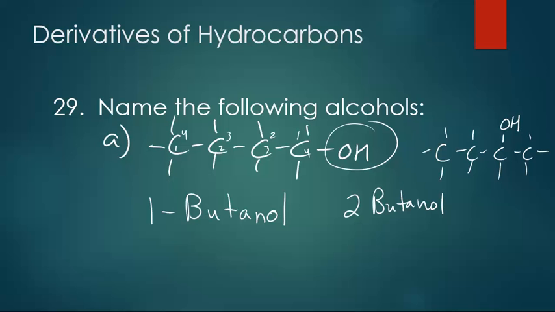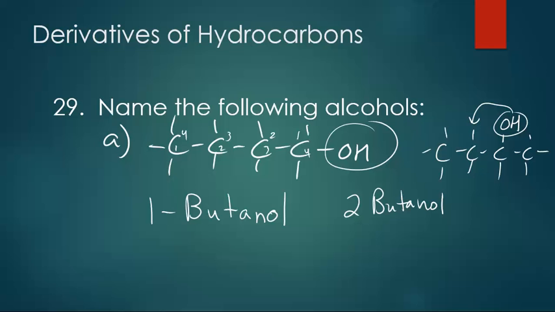Somebody give me another isomer of this. Why would 3? What if we move this over here? Because it'd still be 2. You just number it from the other direction. Give me another one. No, there's definitely one more. 4 butanol? No, because that would be the same as 1.